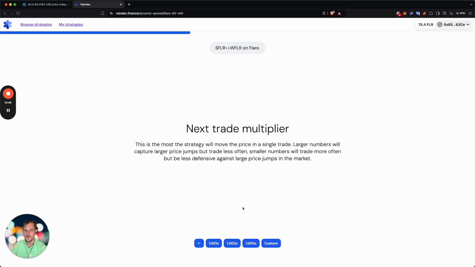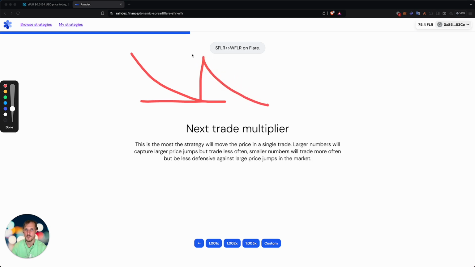The next question is the next trade multiplier. This is asking how much the auction is going to jump up when it places a trade. If we think about it like we have an auction doing this, and then a trade goes through somewhere, it's going to jump up again and then come back down. The amount it jumps up by, relative to the trade when it went through, is this multiplier.